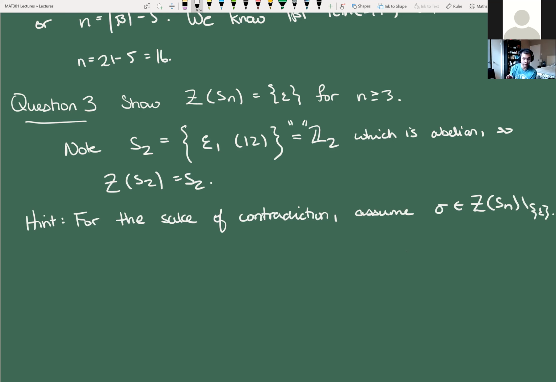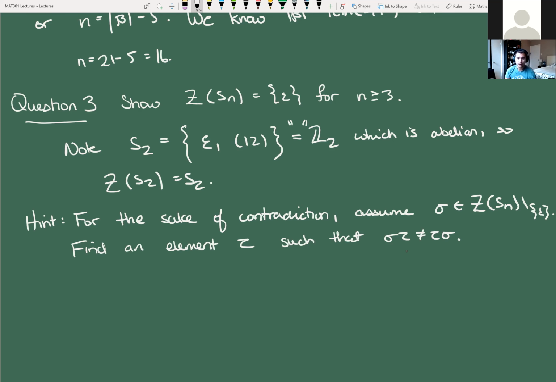So it's not the trivial permutation. It flips at least two things around. Find an element which doesn't commute with it, such that sigma tau does not equal tau sigma.